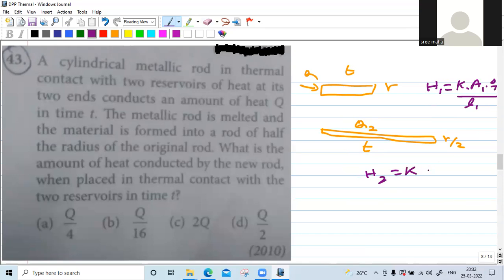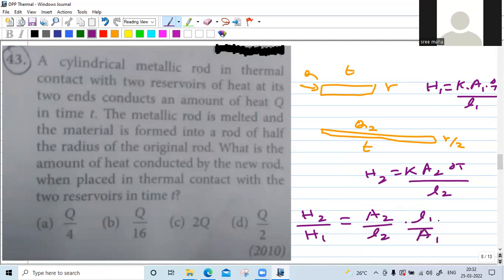K is the same because the material is the same. So you have to find H2 by H1, or H1 by H2, both are the same. H2 by H1 is A2 by L2 into L1 by A1.